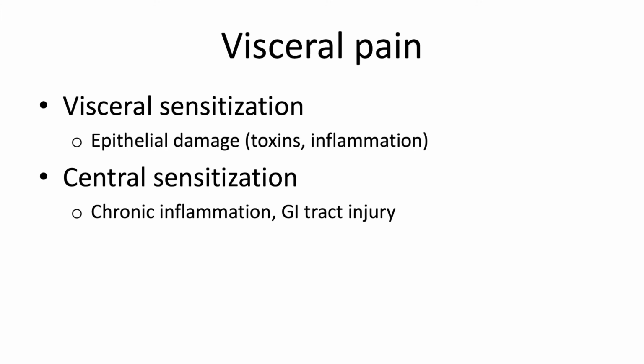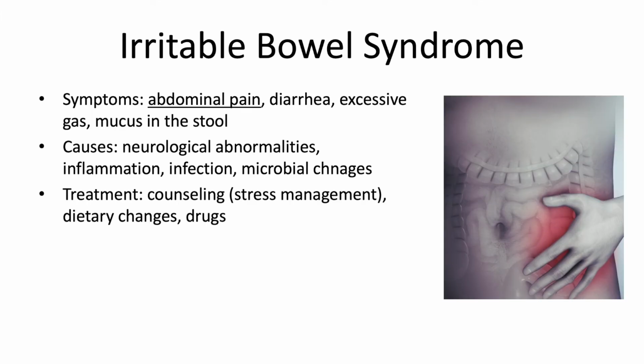So, this can lead to changes in receptors and channels and affect signal transmission in the central nervous system. As irritable bowel syndrome is linked to triggering by stress, treatment includes counseling and stress management, dietary changes, but also treatment by certain drugs is possible.